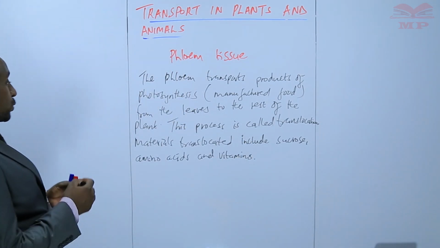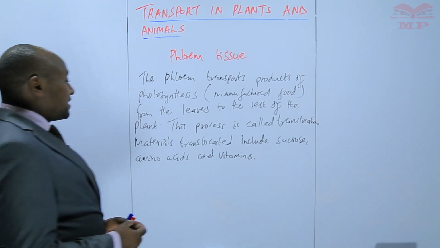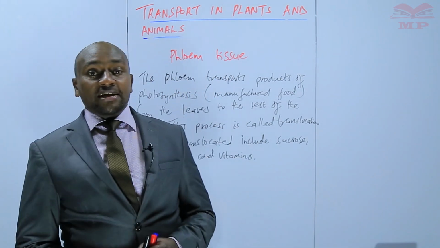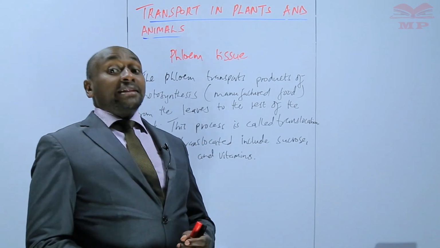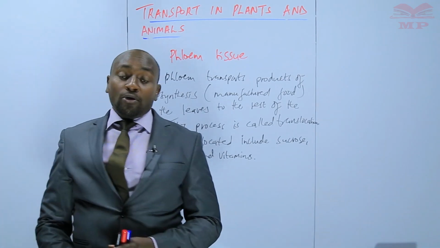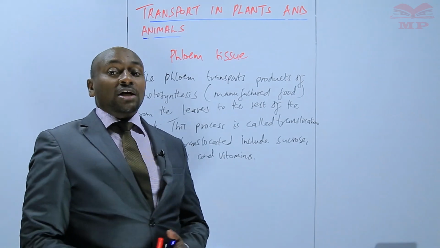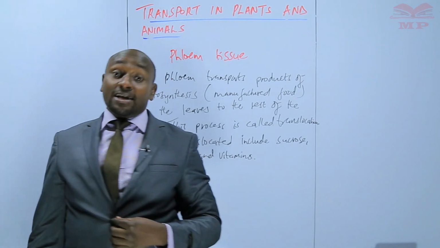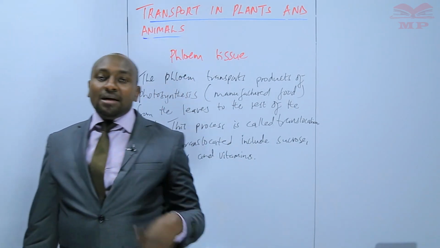Now, where are those materials transported to? These materials are transported, one, to the regions of growth, where there is a lot of growth that is being experienced, especially at the apical meristems, at the tip of the shoot and the tip of the root. Those materials are also transported to the secretory organs, those organs that are responsible for secreting substances.